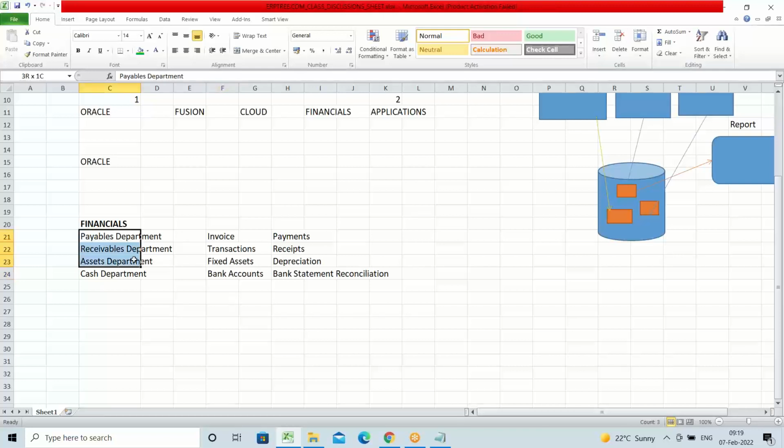That means these departments are dealing with cash-related activities: payments, receipts, fixed assets, bank accounts. So the departments dealing with money-related matters, you can call them finance departments. Okay, finance departments. Fine.